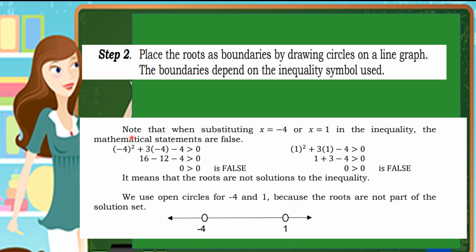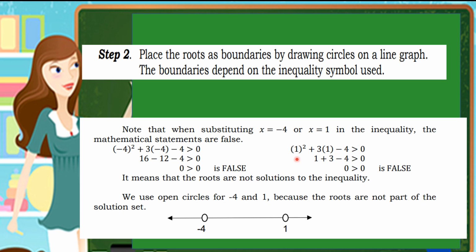Tingnan ninyo. So, note that when substituting the value of x, yung x is equal to negative 4 and x is equal to 1, in the inequality, the mathematical statements are false. Why? I-substitute natin sa given inequality, yung x squared plus 3x minus 4 is greater than 0. Ang lalabas, class, is 0 is greater than 0. Is that correct? So, ito ay false.